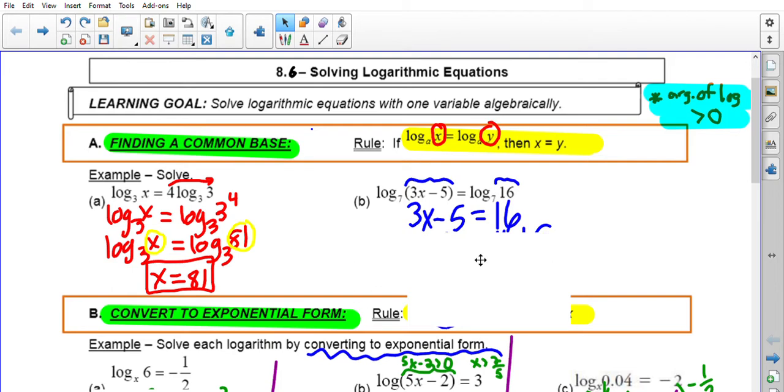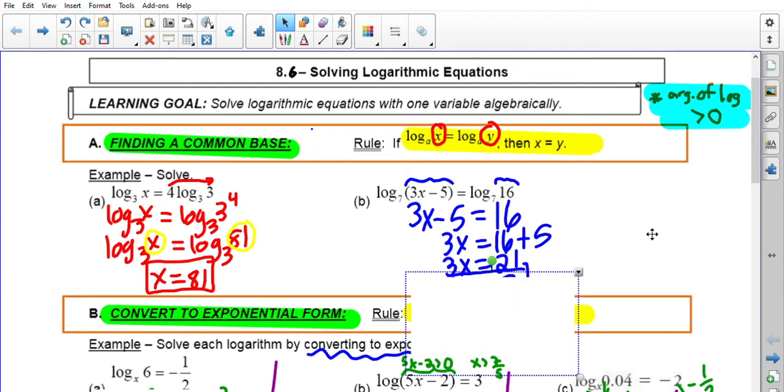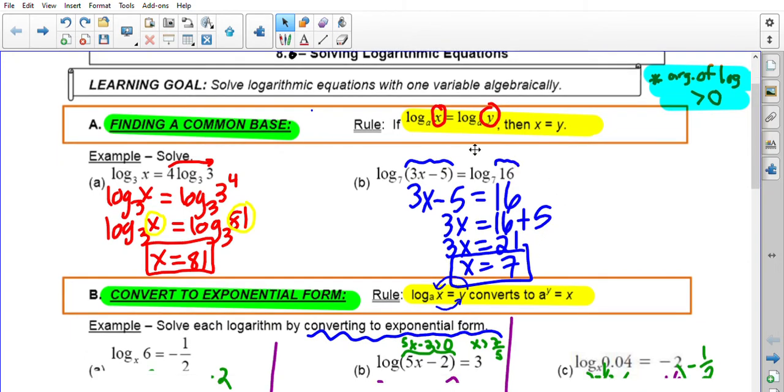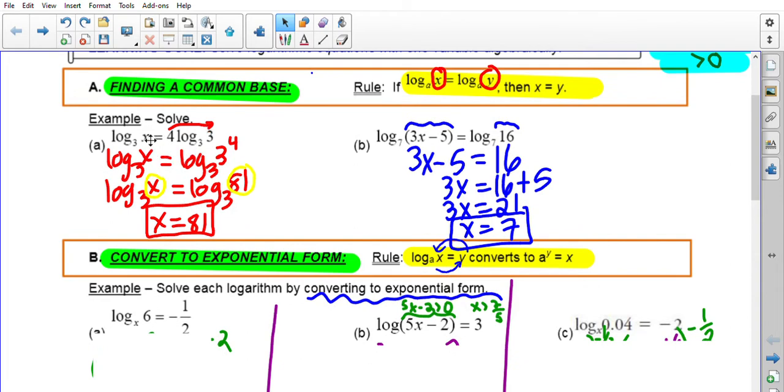So set them equal to each other, and then you're just solving a linear equation by isolation. Bring the 5 over, so it's 16 plus 5. We get 3x equals 21, divide both sides by 3, and we get that x equals 7. Good. And notice you always do this when you have two log expressions on either side of the equation.